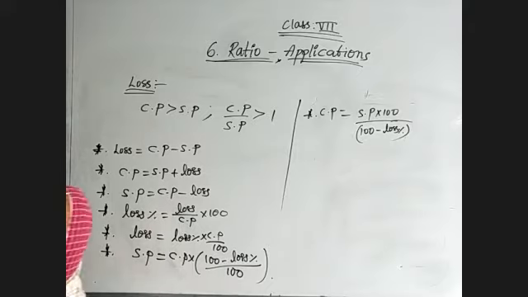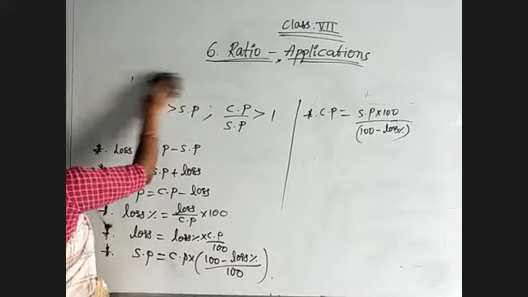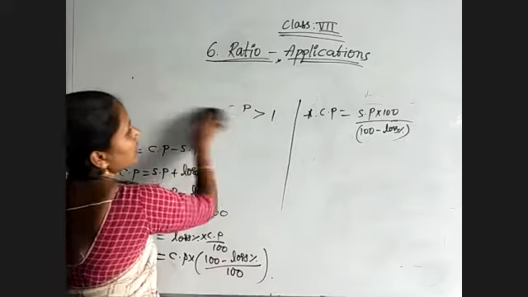Now coming to the next, discount. In case of discount, what are the different formulas?